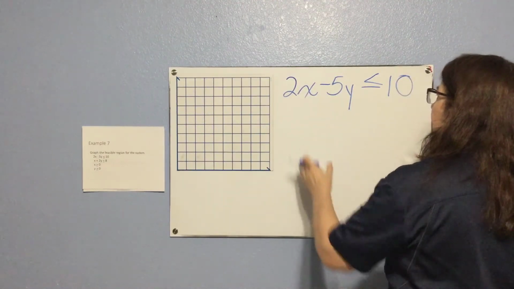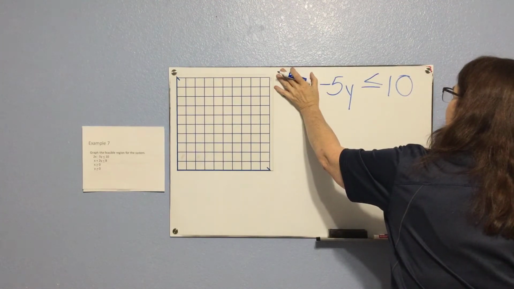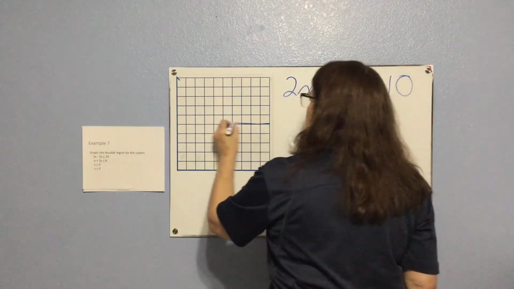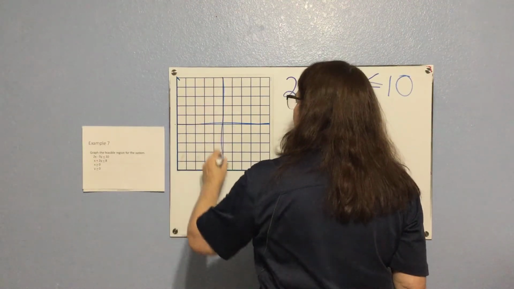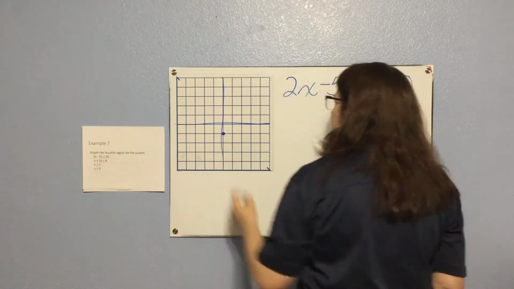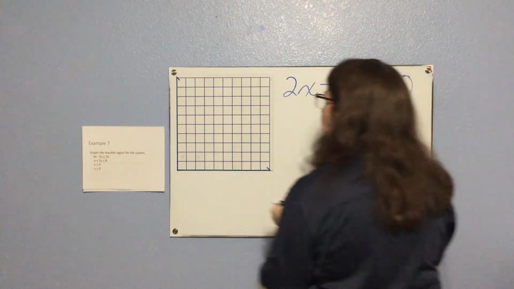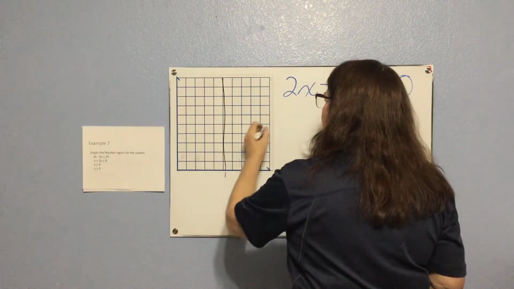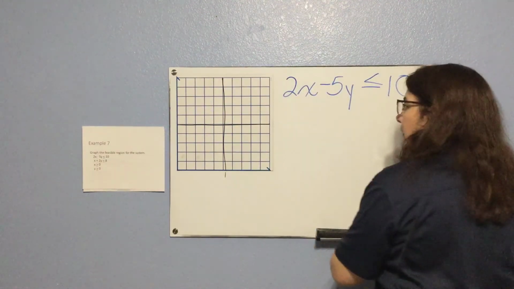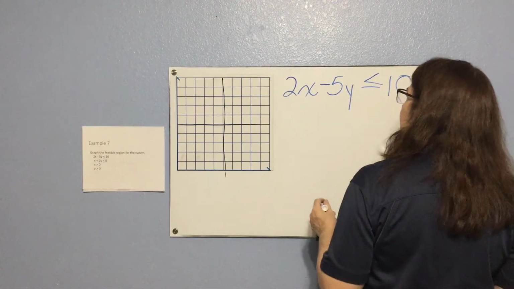So if I let x equal 0, then y would have to be 2. And we're going to let each square represent 2 units.